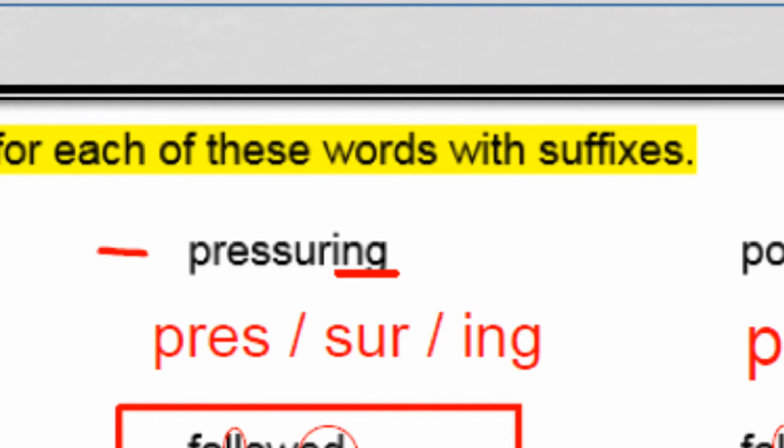And if we look at the first half, we have pressure, and you notice how it's spelled pressuring. So you have some double letters there. You have two S's. We got pres-sur-ing. So the two S's get split up.